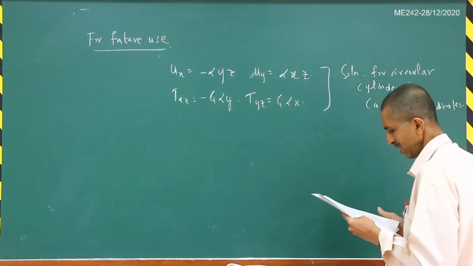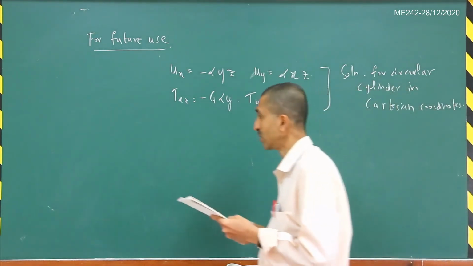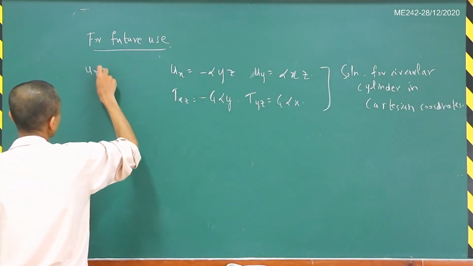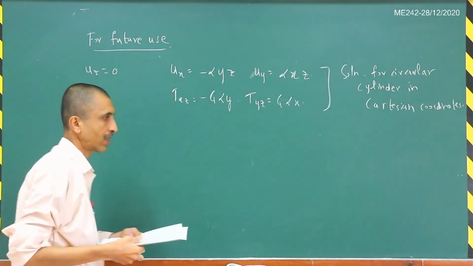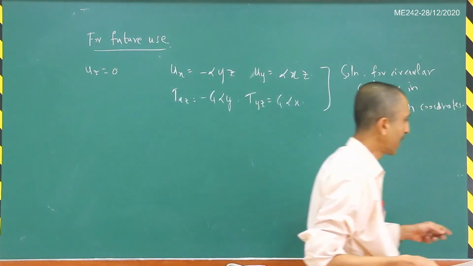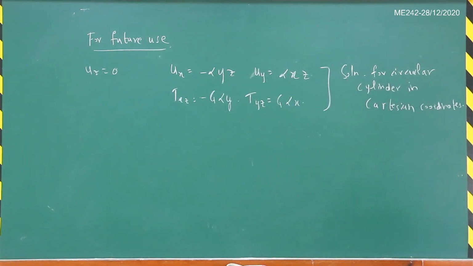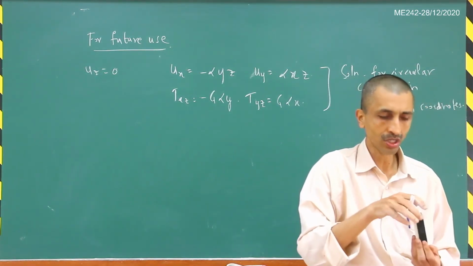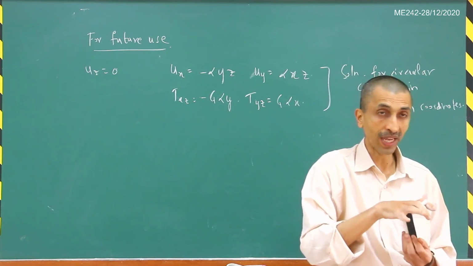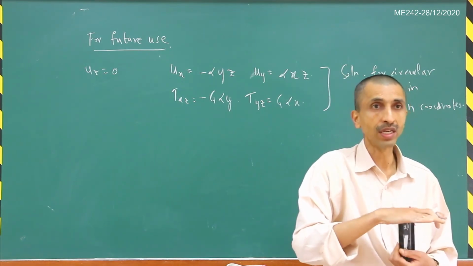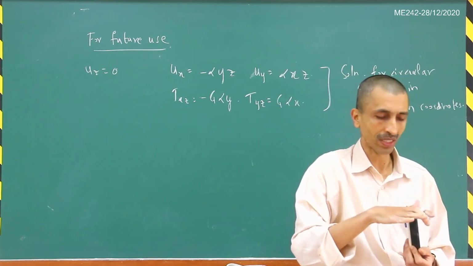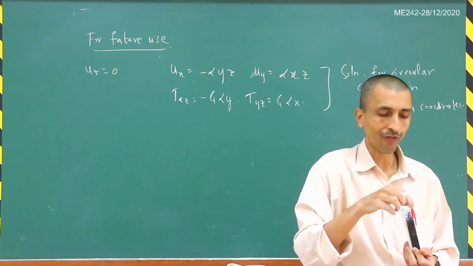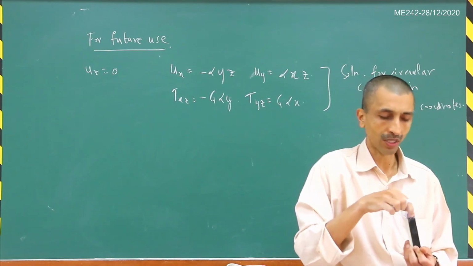And here you will see that Uz is equal to 0. You are not writing it here, but Uz is basically 0. So suppose I am twisting a circular cylinder like this. Then each plane rotates in its own plane, and so there is no out of plane motion of a point on this particular surface.